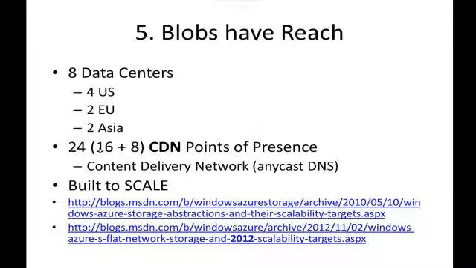Now, Azure also has a content delivery network built into the platform. So you can CDN enable your blob storage. And the CDN, for those who aren't aware of it, is a content delivery network. That's the full name. And the content delivery network consists of 24 nodes around the world, or points of presence. And these include the 8 data centers, and there are 16 additional ones that are geographically distributed, Australia and South America and a number of other places.